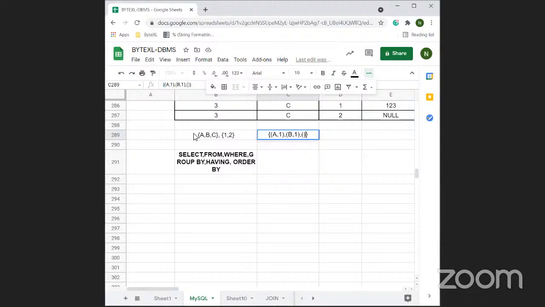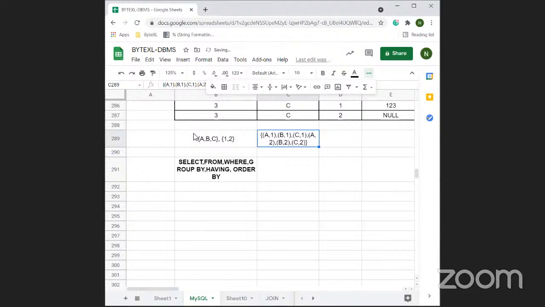Third pair we will have C comma 1. From left side all the values are taken, and this is not over. The same thing will repeat one more time, but this time with value number 2. That is the second value available. This is Cartesian product or cross. The same thing will happen in a cross join. These are the joins of tables.